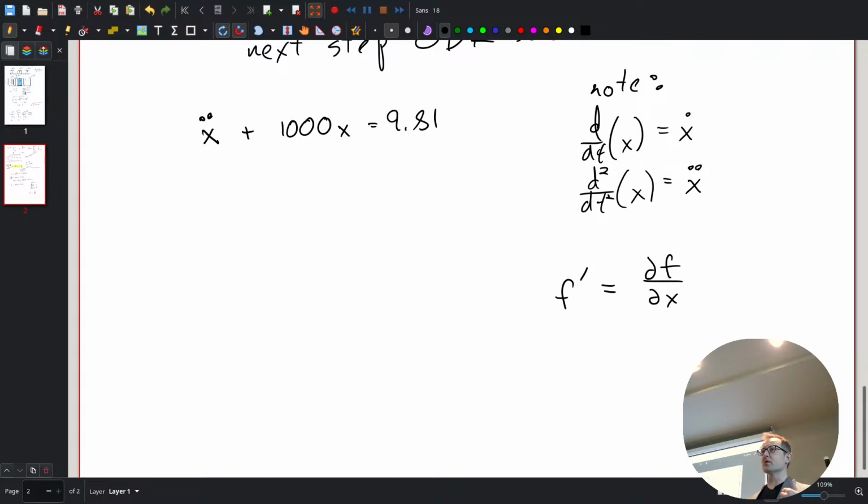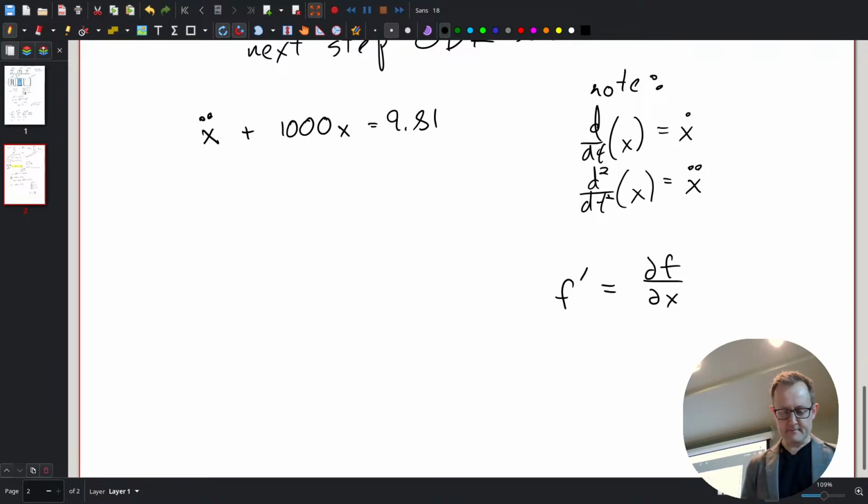So at least in a lot of physics, if you see a prime, it's d/dx. If you see a dot, it's always d/dt. That's why I like the dots: every time you see a dot over something, you know it's a full time derivative, not a partial space derivative, or even a full space derivative.